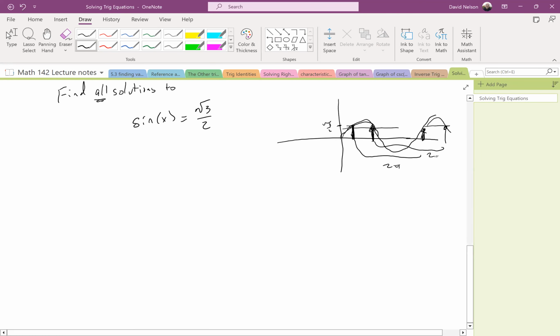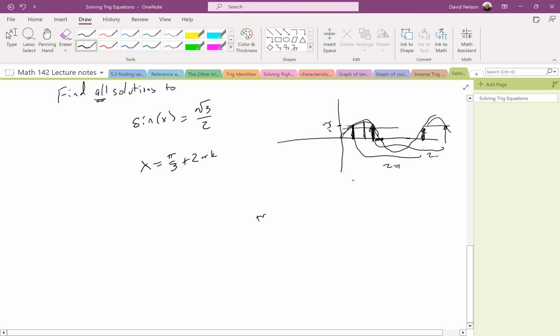All right, so the first one I know is going to be at pi over 3. X equals pi over 3 plus 2 pi k, a 60-degree reference angle there. And then the next one is that same distance back from pi.